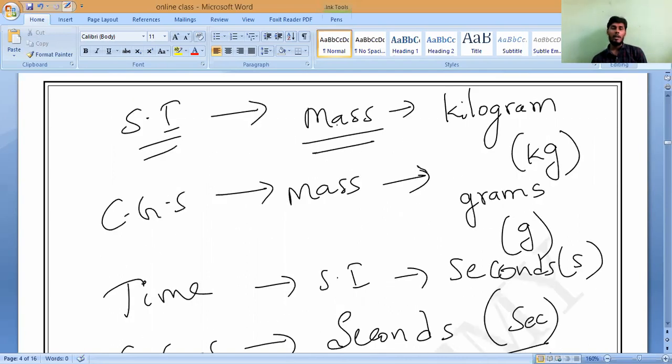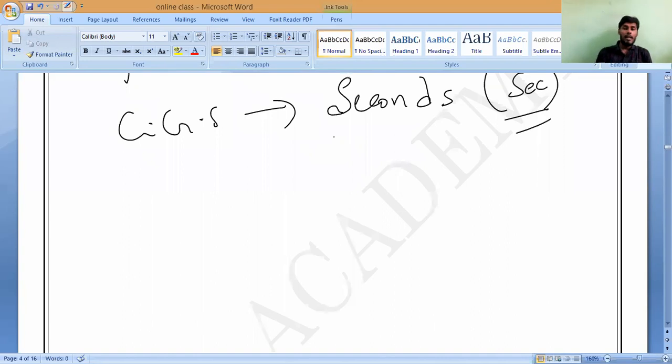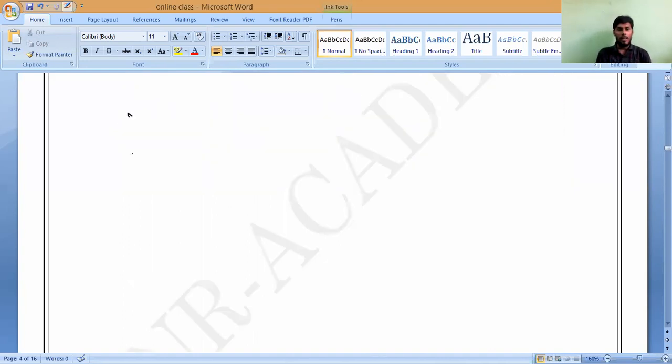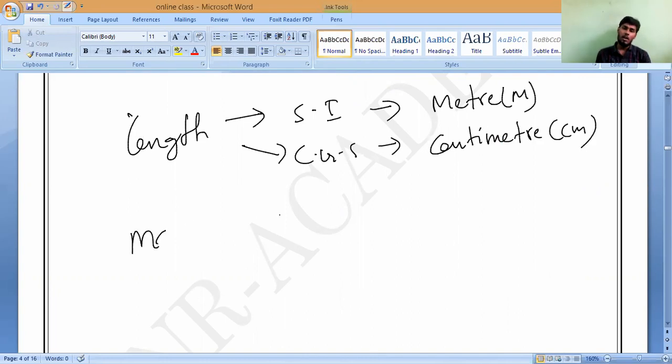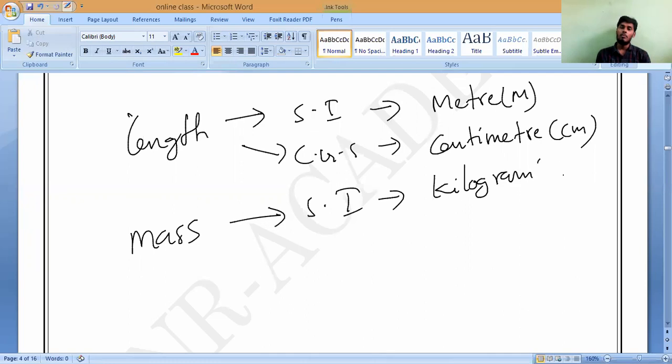Length unit, mass unit and time unit. So length, I will write here. Length, SI unit is what? Please, all of you speak. SI unit is meter, and the CGS unit is centimeter. Next, same way, mass. Note it down. Mass SI unit is kilogram, kg.